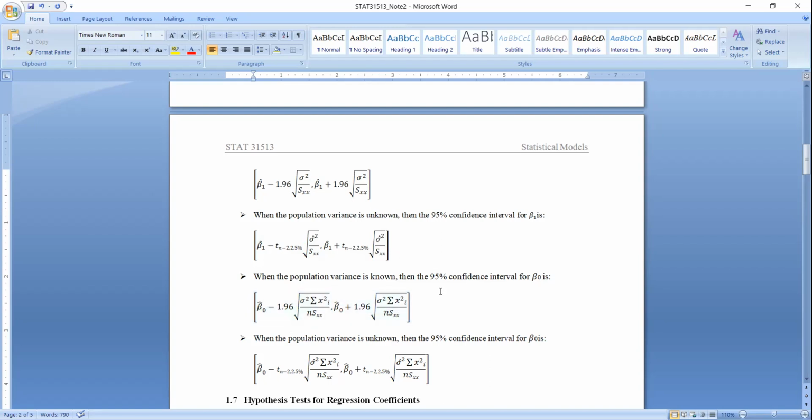So this is the 95% confidence interval for beta naught. And if you have no idea about the population variance, when it is unknown, you can replace sigma squared with sigma squared hat.